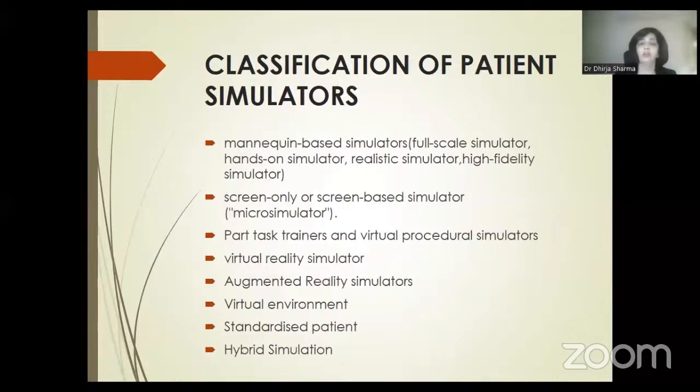After that, the simulator used can be a standardized patient. So this is basically a human being who is acting out a patient's role. So this is a very common form that we use in workshops.